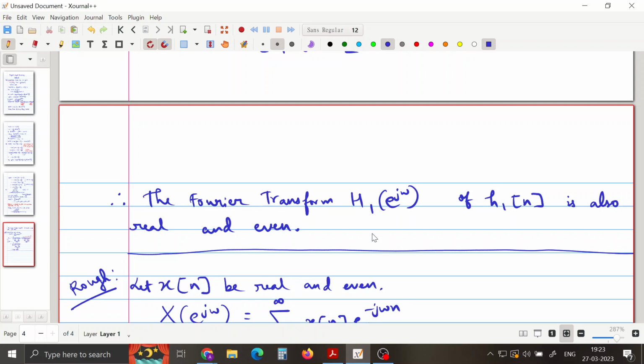The Fourier transform capital H1 of e power j omega is actually the frequency response. It is real valued. We have seen that it is also real and even. So for a real number, what is its phase?